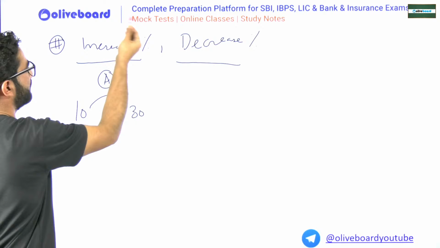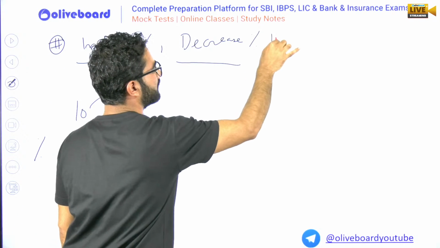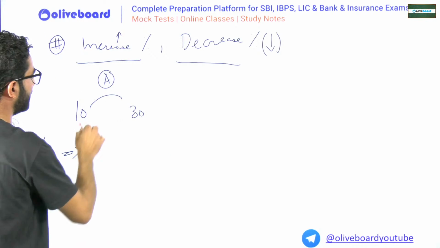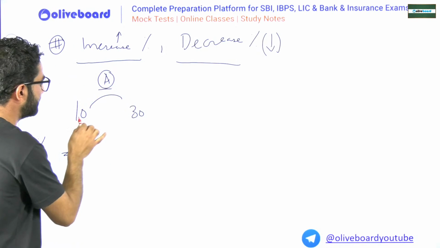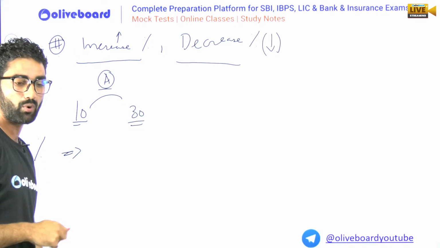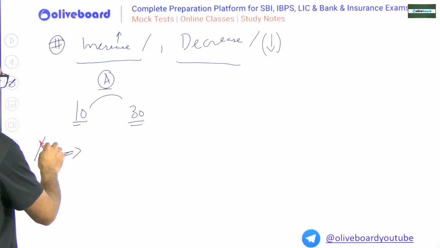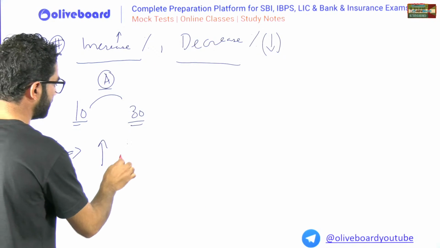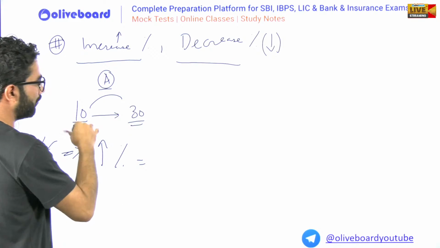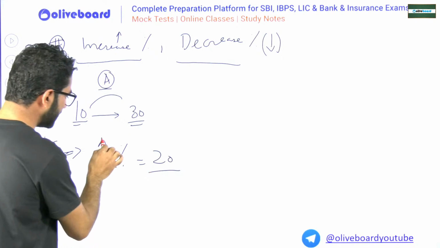I can write it shortly, increase by this, decrease by this. If a person has 10 items and now has 30 items, what is the increase in percentile? Increase in percentile is calculated as how much there is increase, obviously 30 minus 10, that is 20.